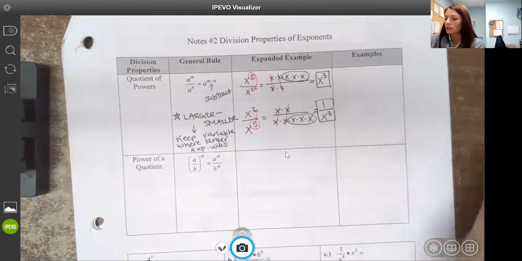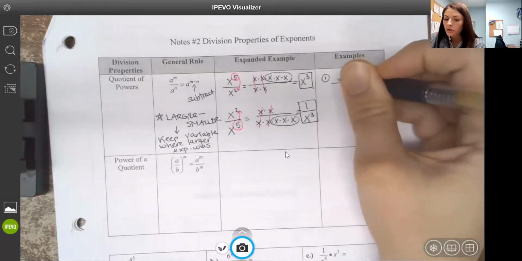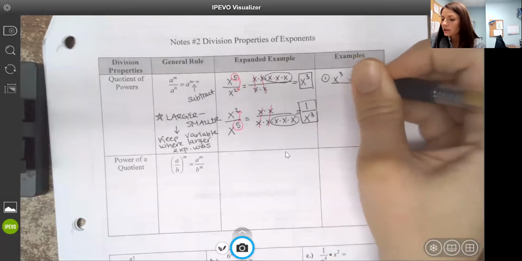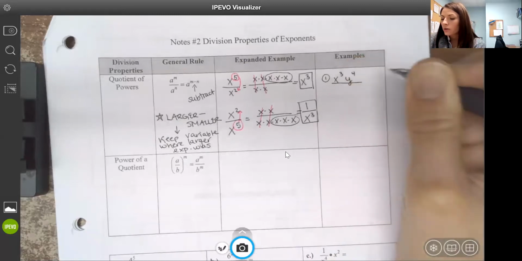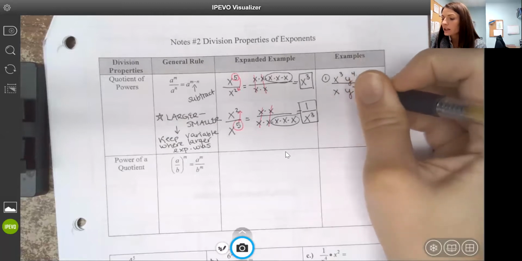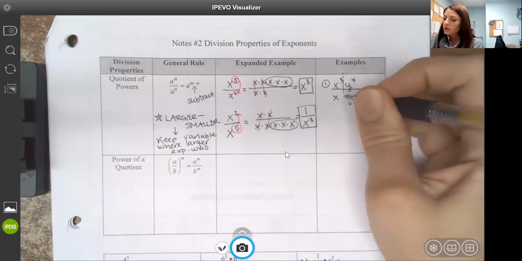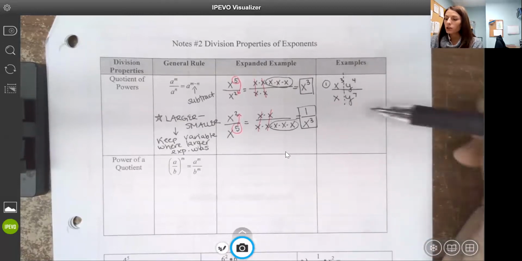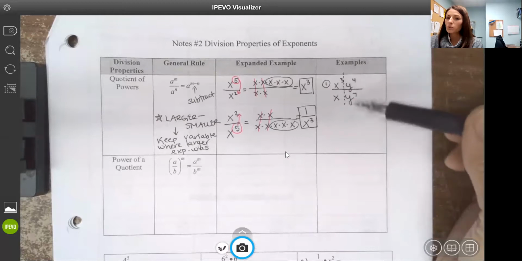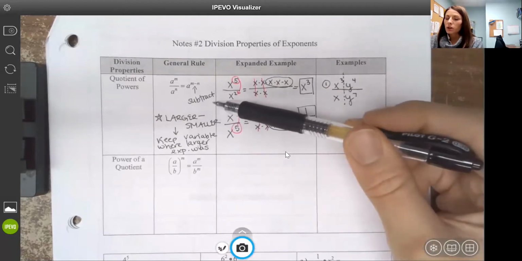So let's look at a couple examples here. First, let's consider if we had more than one variable. So if I had x cubed y to the 4th over x y to the 7th, I'm looking at my x's and my y's separately. My x's have the same base, and my y's have the same base. That's where I'm focusing to apply this property.